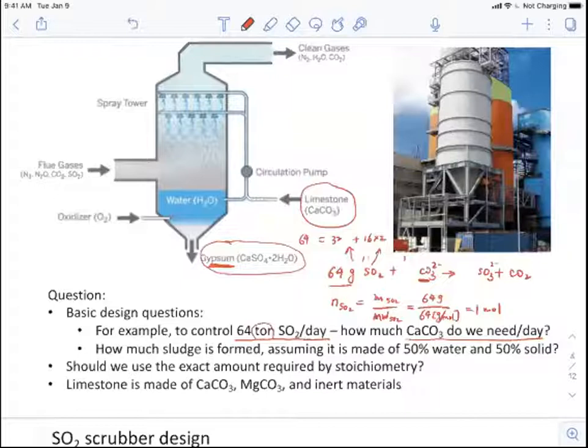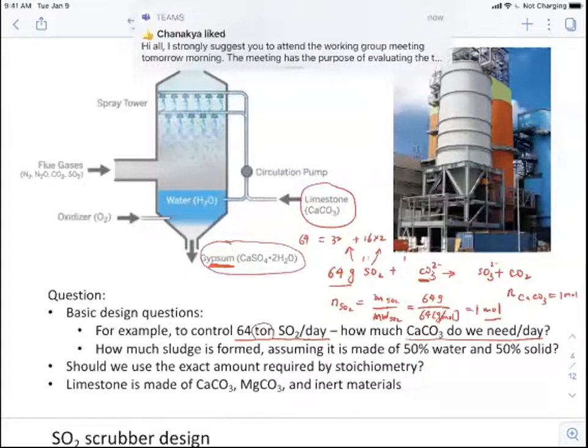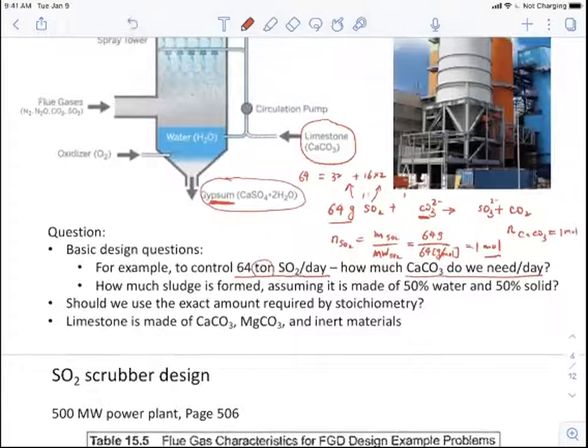Because of this 1-to-1 molar ratio, if we want to react with 1 mole of sulfur dioxide, we need to provide 1 mole of carbonate ion, which means 1 mole of calcium carbonate. If we know the number of moles of calcium carbonate, we can calculate its mass.